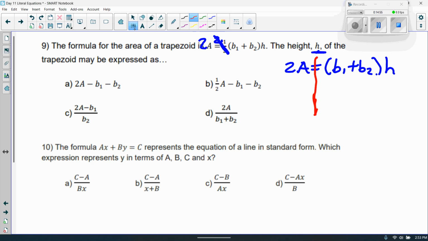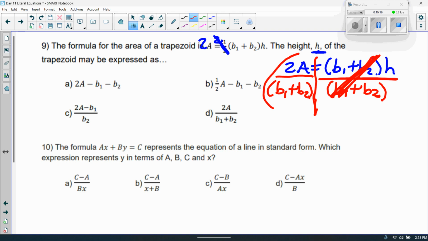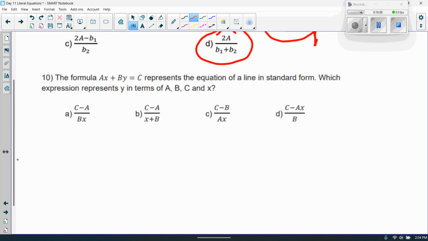If you don't want the B1 plus B2, then just divide by it. And the reason we're able to divide by the whole bubble is because it's all inside of it. If there wasn't parentheses there, you're not allowed to do this. But there is, so we are. So B1 plus B2, this whole bubble disappears, and you're left with this. And where is that? There it is. Notice how the parentheses disappeared in the final answer. That's totally fine.